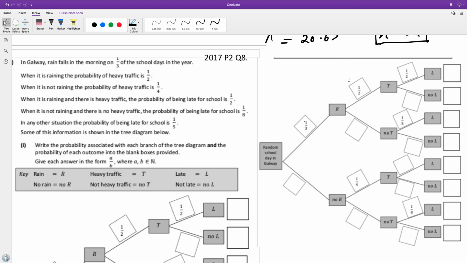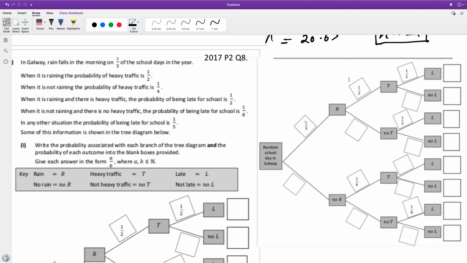Alright, so you multiply across. 1/3 by a half by 1/2 is 1/12 and 1/12. We then have 1/3 by a half by 1/5. We're getting 1/30. It's 1/3 by a half by 4/5.